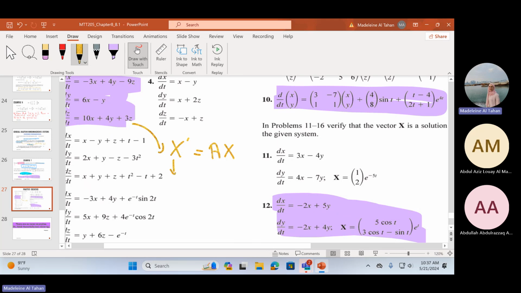So x prime is what? The derivative d by dt of x, y, and z, right? And A is 3, 4, minus 9, minus 6, minus 1, 0, 4, 3. Did all of us get it as Abdurrahman's? Is it homogeneous or non-homogeneous?